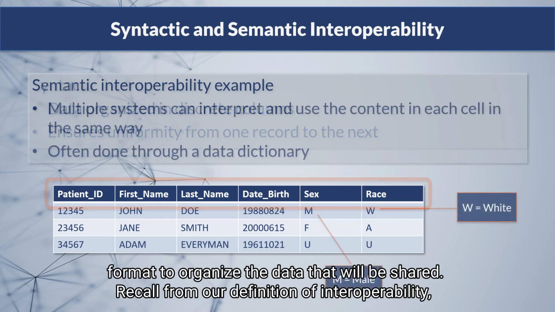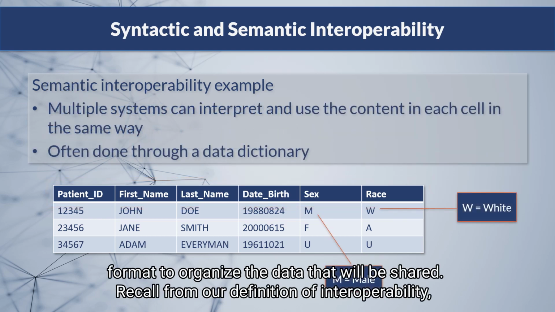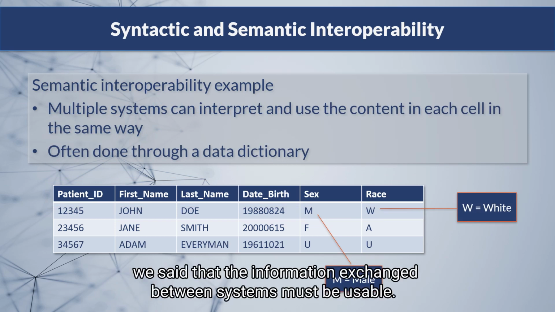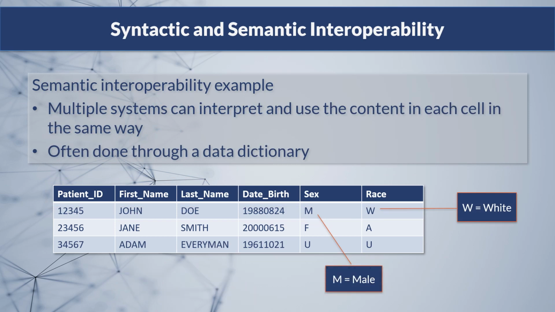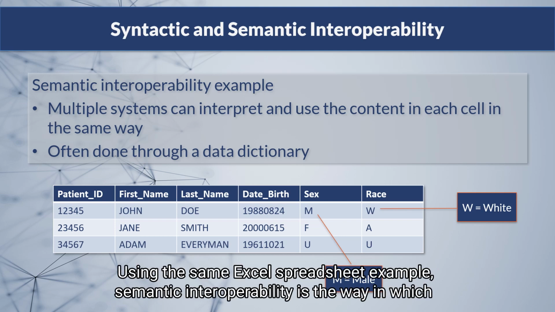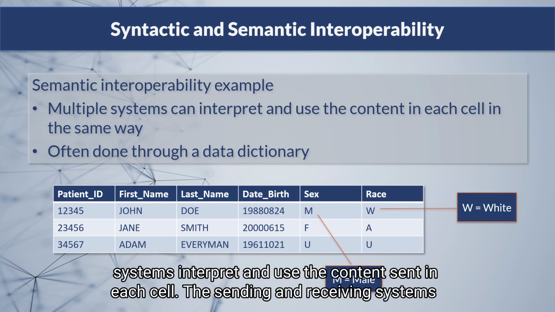Syntactic interoperability assumes that the sender and receiver have agreed upon this format to organize the data that will be shared. Recall from our definition of interoperability, we said that the information exchanged between systems must be usable. Using this same Excel spreadsheet example, semantic interoperability is the way in which systems interpret and use the content sent in each cell.